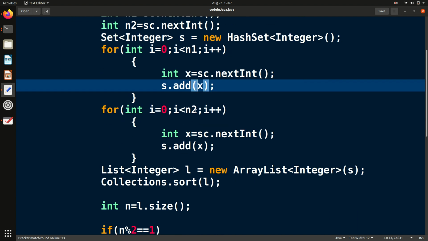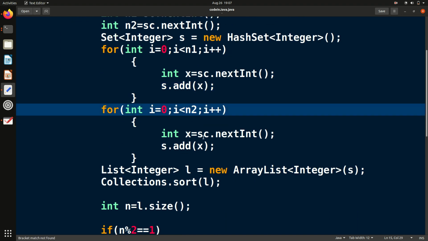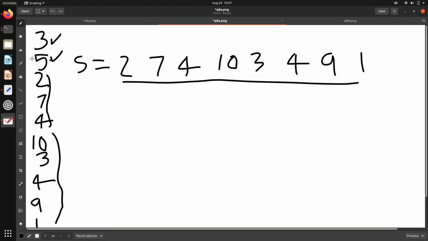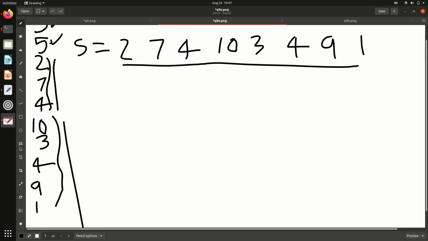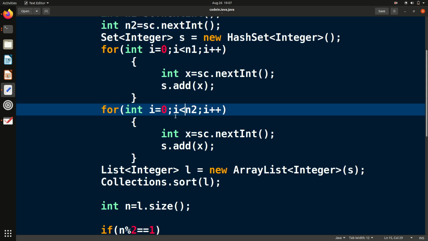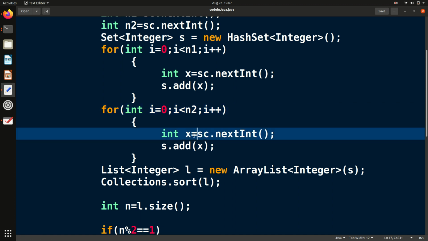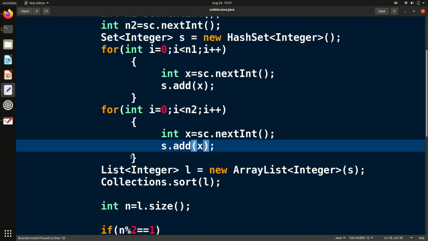Similarly, the next for loop will run up to n2 times, that is here 5 times. After these 3 values, we will take 5 more values, and that is decided by this number. So next n2 values, take input, add to set.